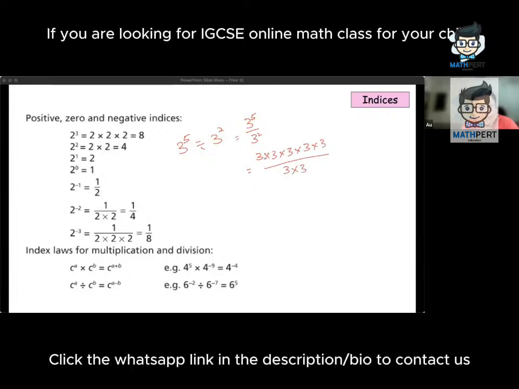So you can simplify 3 and 3, 3 and 3. In the end, you get 3 cubed. It's the same as 3 to the power of 5 minus 2, which is 3 cubed.